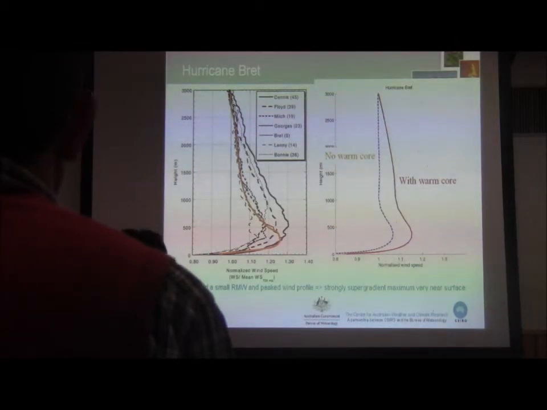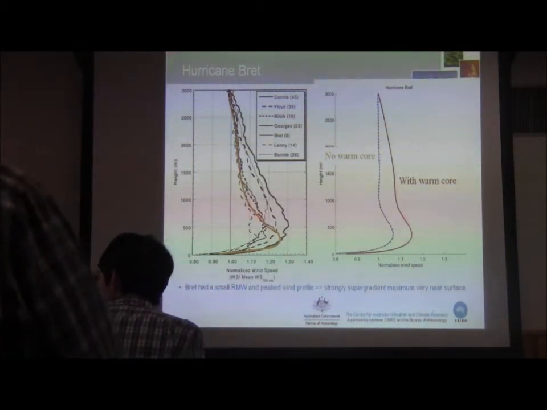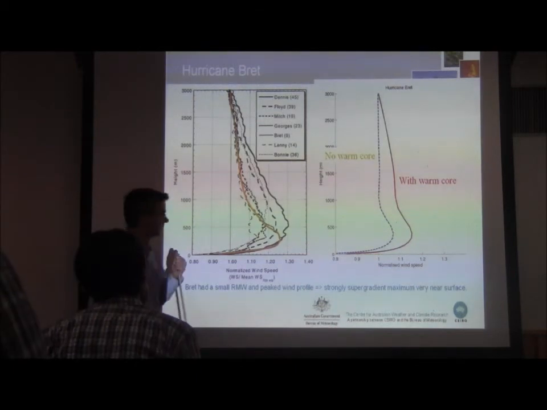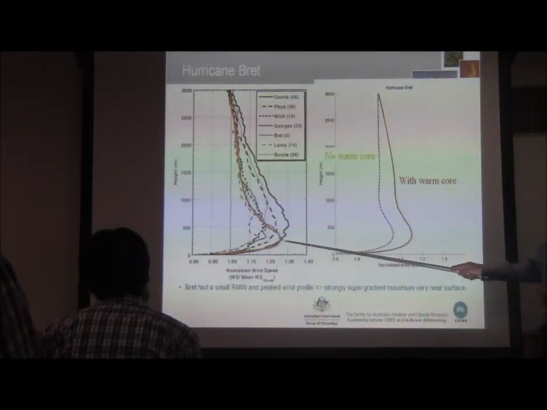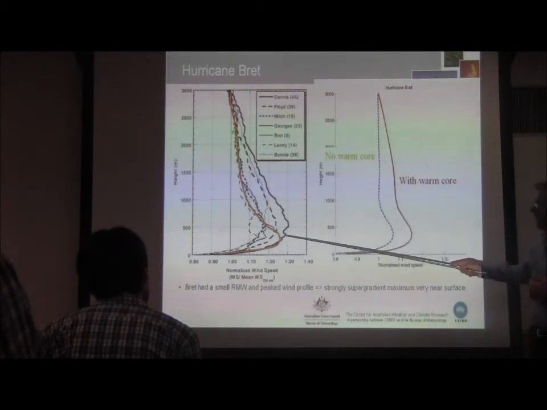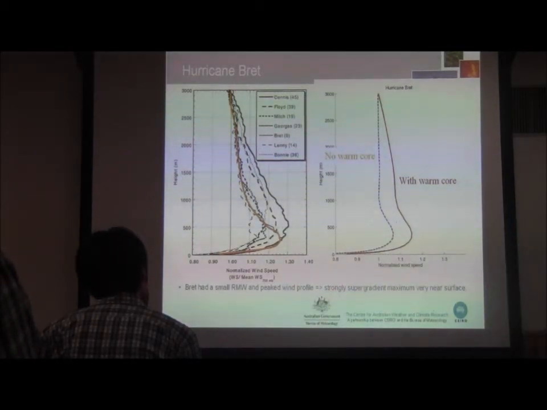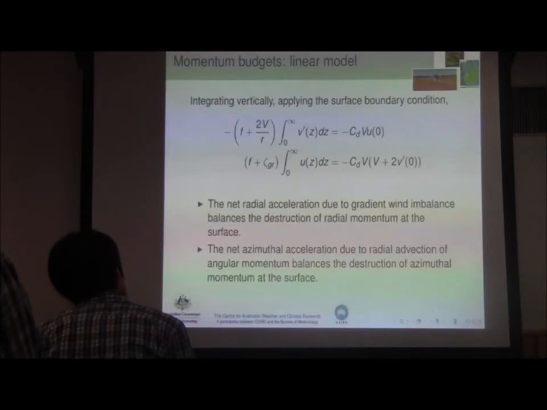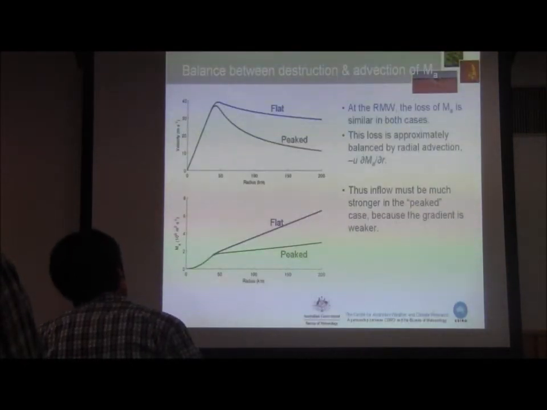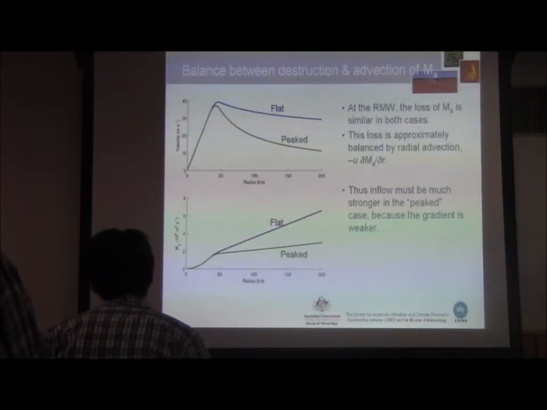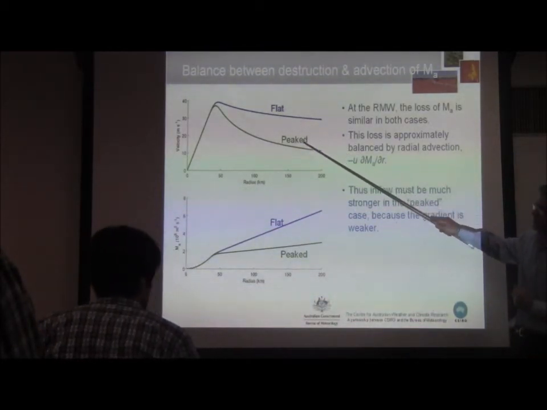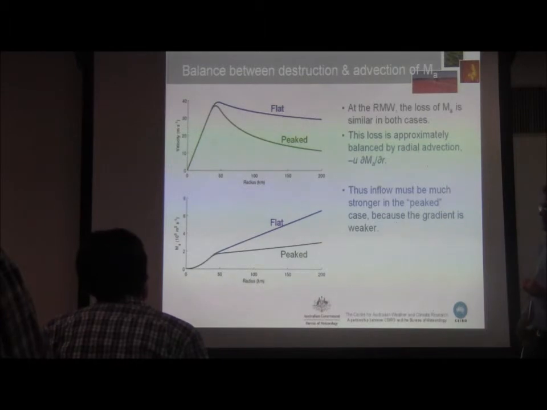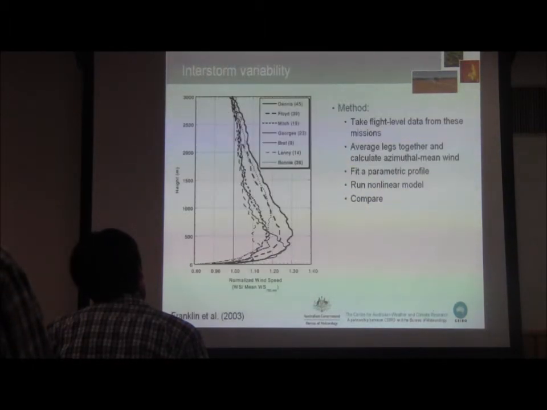Non-linear. So what causes the difference between them? In other words, which term of your non-linear model will cause it? One of the things I have to do is go back and run them through the linear model. It's a good question, but it's these sorts of differences. It's the difference in the inertial stability of the storm.